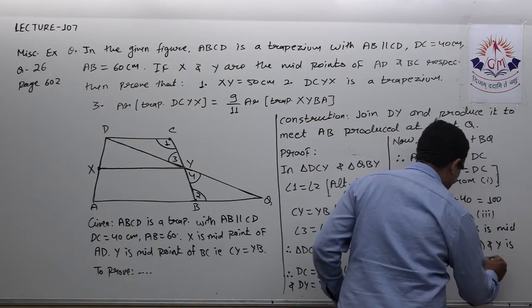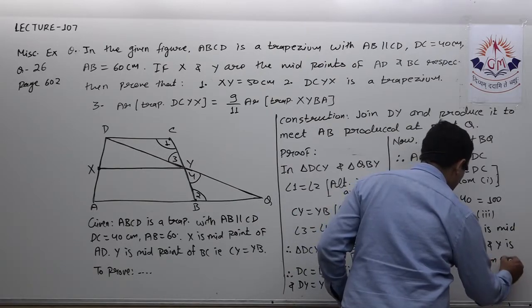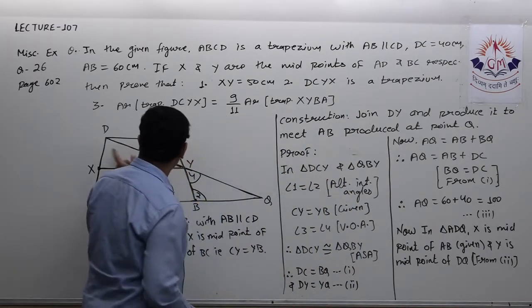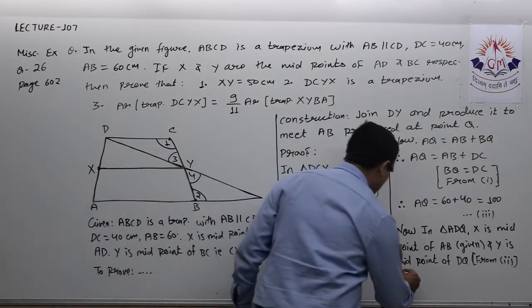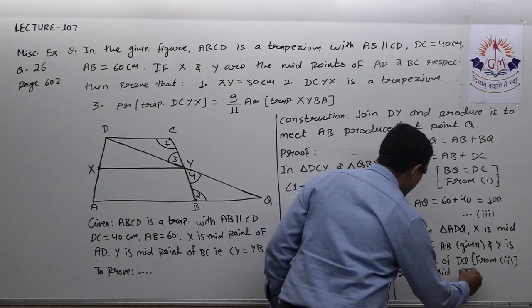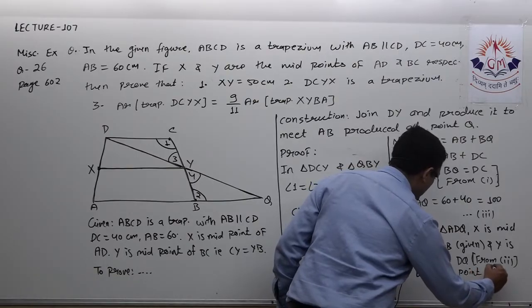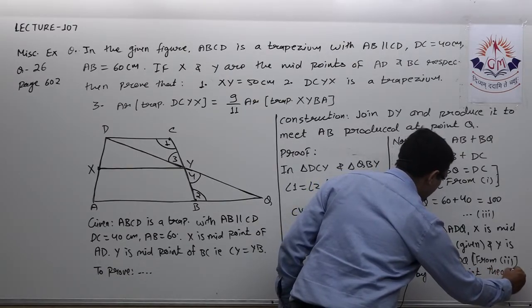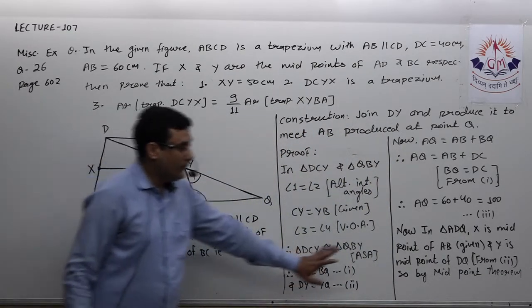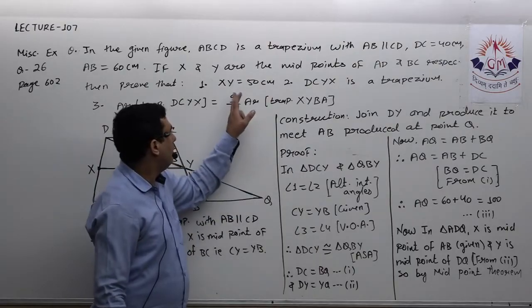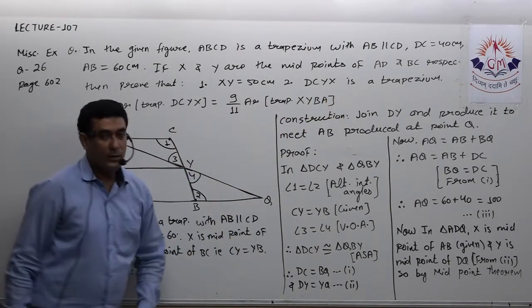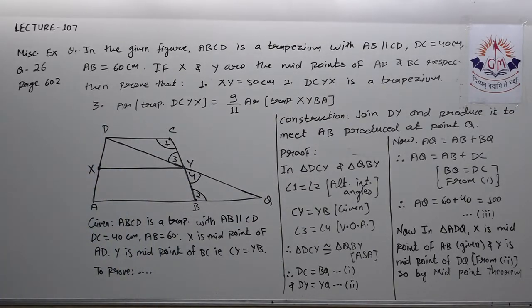Okay, that I can say from the second: DY equal to YQ, so Y is the midpoint of DQ. So by midpoint theorem, now here I will apply the midpoint theorem. Note it down up to this point. Then what will be the result of the midpoint theorem? And then how we'll get XY equal to 50, DCYX is a trapezium, and the third one we'll see. So note it down up to this point.